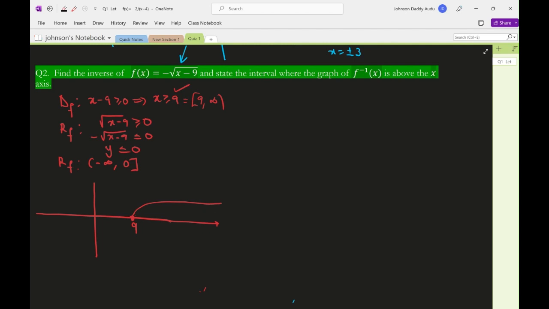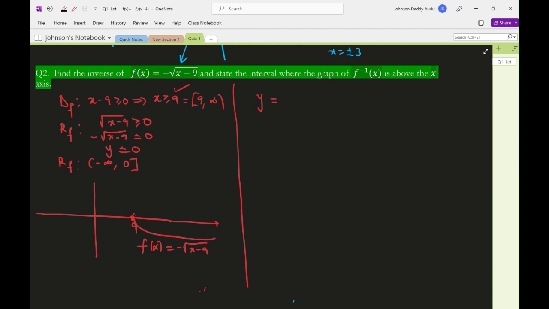But we have minus, so we have to reflect it. This is going to be a reflection across the x-axis. So this is actually the graph of f of x, which is minus the root of x minus 9. And you can see the domain is x from 9 to infinity, and the range is from minus infinity to 0.